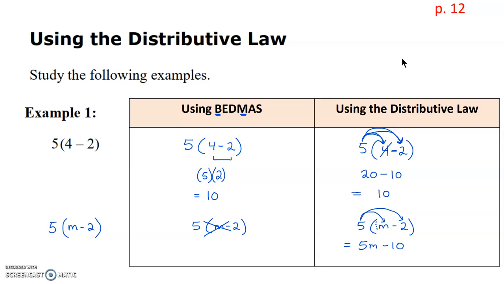So the reason why we do this at all is to get rid of those brackets, because without getting rid of the brackets, we're not able to simplify. We could substitute, but in the end, if we're trying to get m by itself, we can't do it with those brackets around. And that's why we distribute.